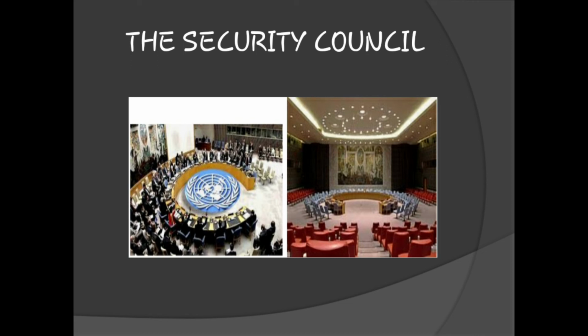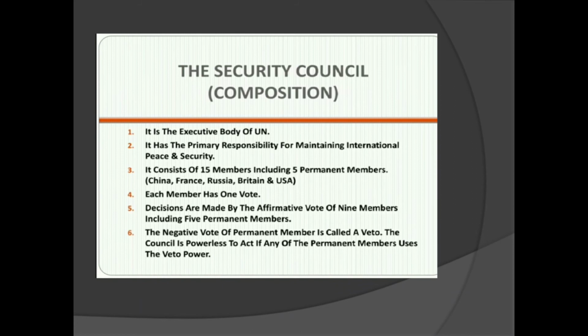Now who are these permanent members? These 5 permanent members are China, United Kingdom, United States of America, France, and Russia. When I say member, it doesn't mean an individual. Since it's an international organization, the members are the different nations.